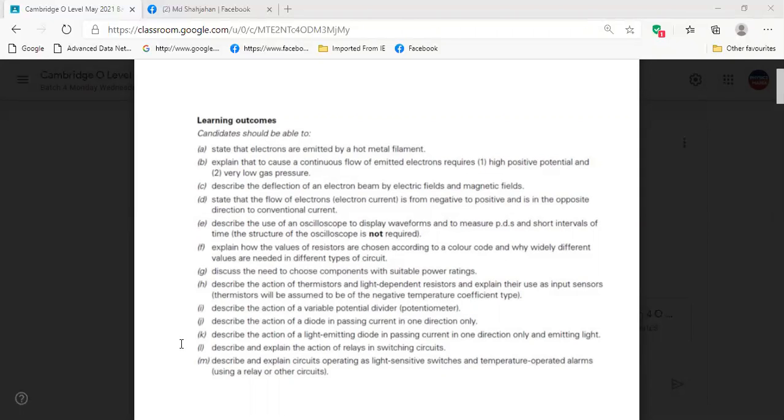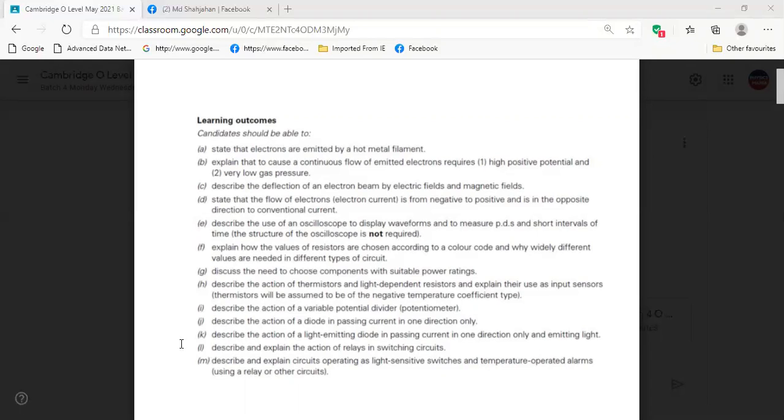J. Describe the action of a diode in passing current in one direction only. K. Describe the action of a light-emitting diode in passing current in one direction only and emitting light. L. Describe and explain the action of a relay in switching circuits. And M. Describe and explain circuits operating as light-sensitive switches and temperature-operated alarms. Use the relay in the other circuits.